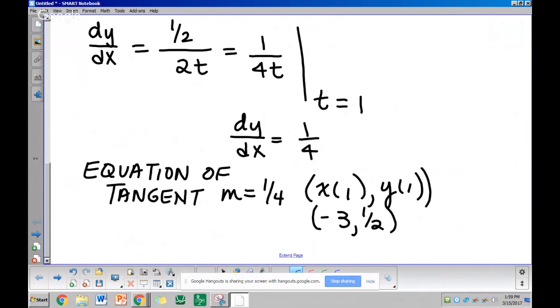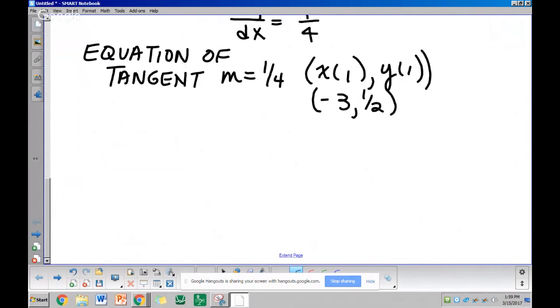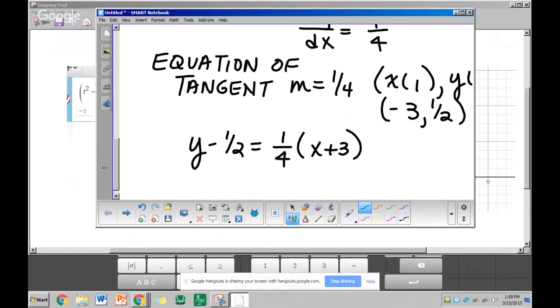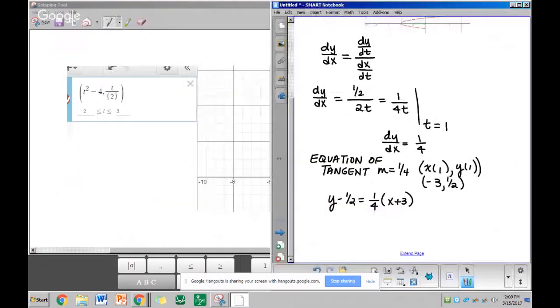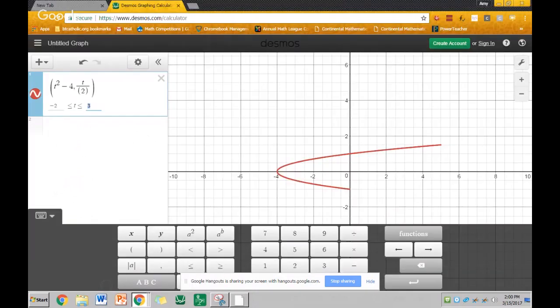And so we can come up with the tangent line here and say, all right, that'll be y minus 1/2 equals 1/4 times (x plus 3). And then we can go back to our Desmos and see if we're right.